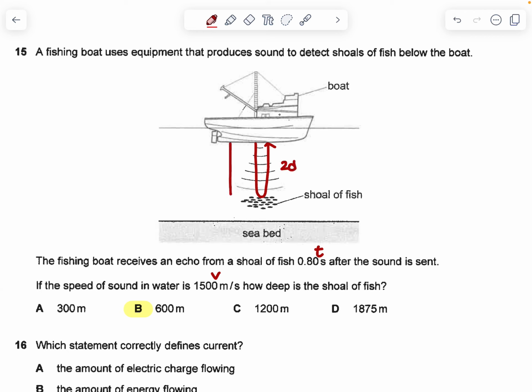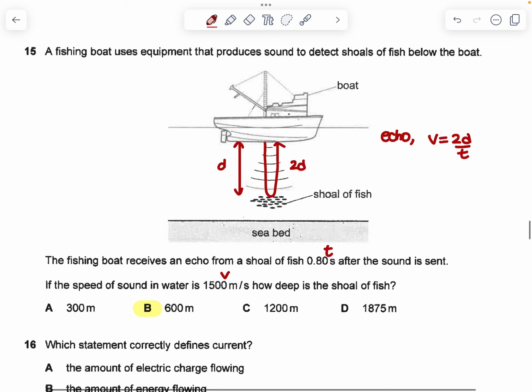If d is from the boat to the fish, you will traverse a distance of 2d. So for echo, v equals 2d over t, distance over time. v was given as 1500 equals 2d over time, we're trying to find d. Time is 0.80. You can solve for d equals 600 meters.